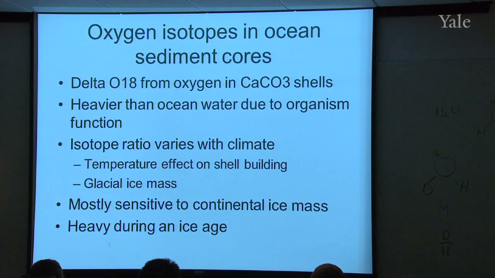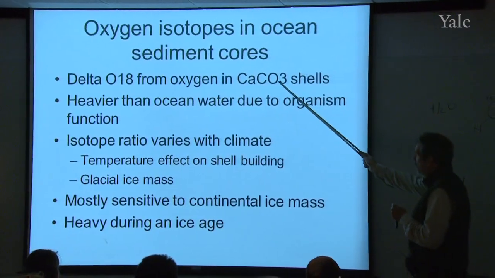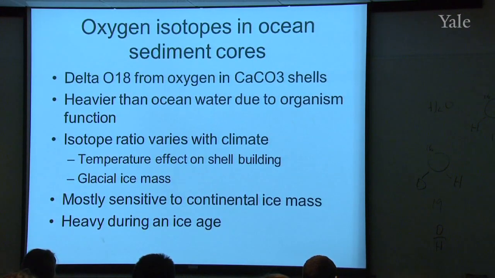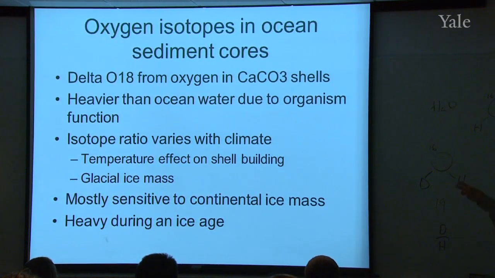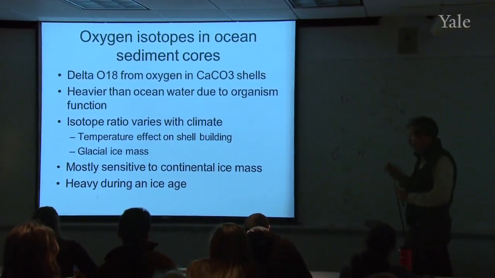So what we've done is take samples of the oxygen from the calcium carbonate. We expect that sample of oxygen is going to be slightly heavier isotopically than the ocean water, because when the organism makes its shell, it slightly prefers the heavier isotope.